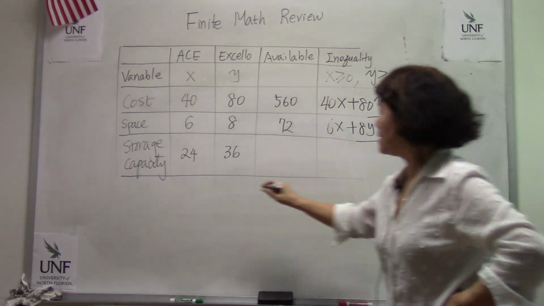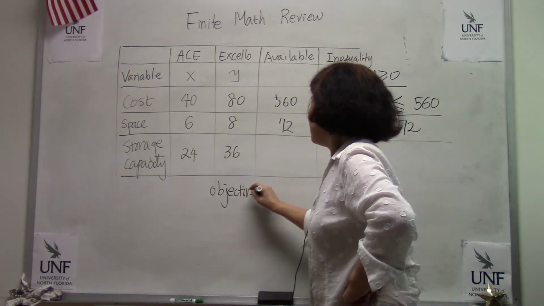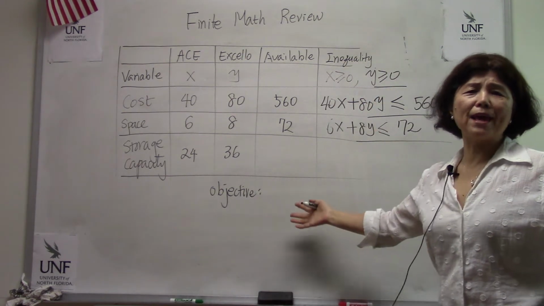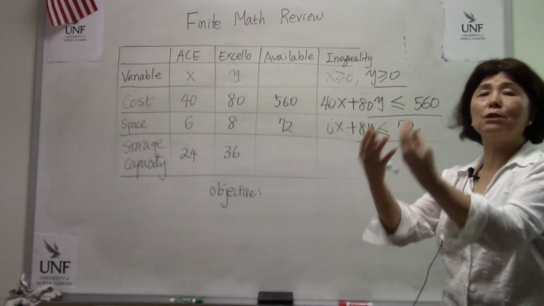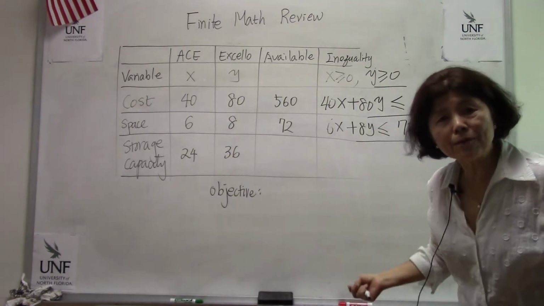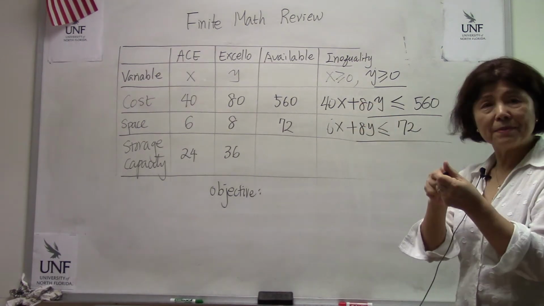So what's left is the objective function. What is your objective at the end of the day? You purchase new file cabinets. That means you wanted to store as many files as possible in the cabinet, right?